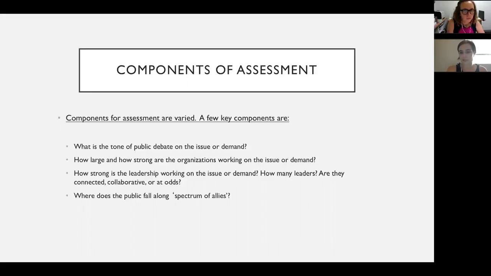2005, 2006, if we were doing an assessment and we picked a year, let's say we were assessing the tone of public debate in 2005 or 2006, there were some of the largest mobilizations the country's ever seen of undocumented immigrants, right? But there was still very much a human rights frame, not necessarily a whole lot of mass resistance, but the numbers were massive. Then you look at how the tone of public debate shifted around arguments around the Dreamers, right?